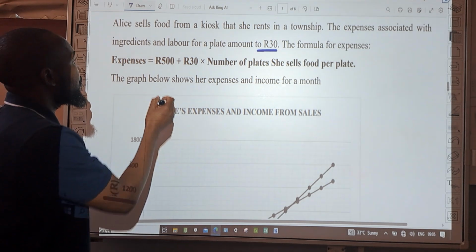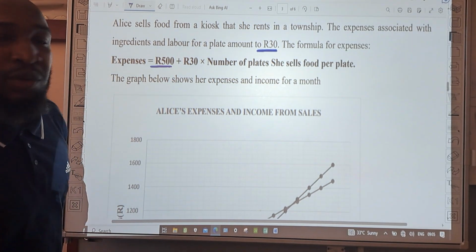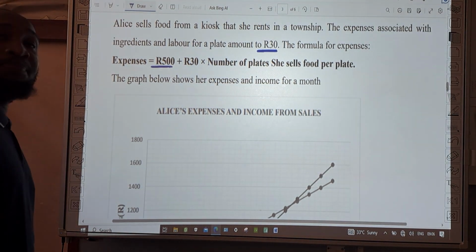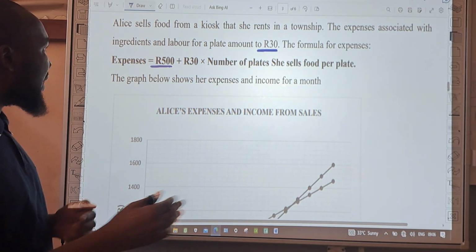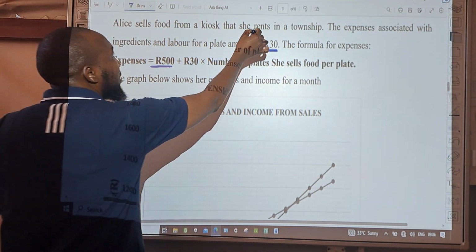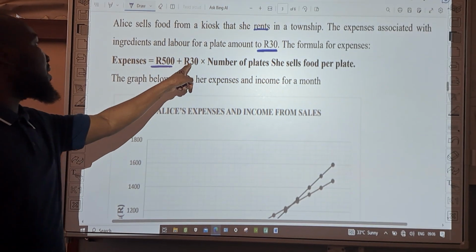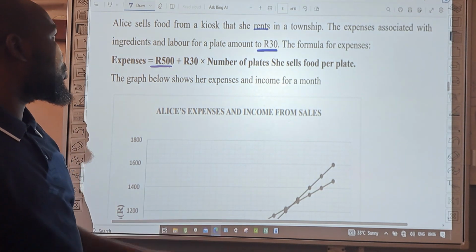So this 500 rands, this is what we call our fixed expense, which may be rent and any other costs, electricity and so forth, that she has to pay, since we were told that she's renting a place in town. And then the 30 rand is made for the things that she used to make a plate.